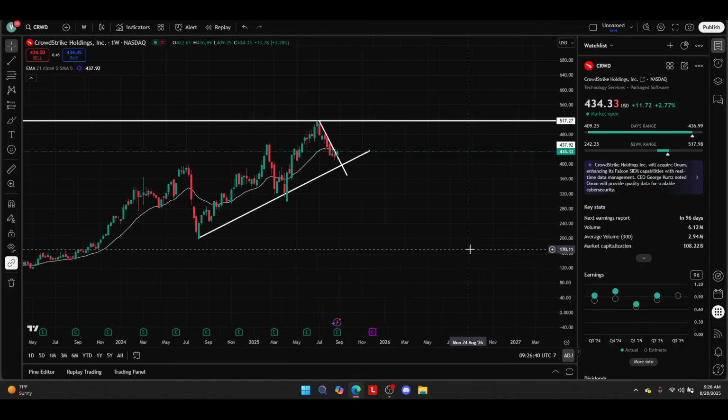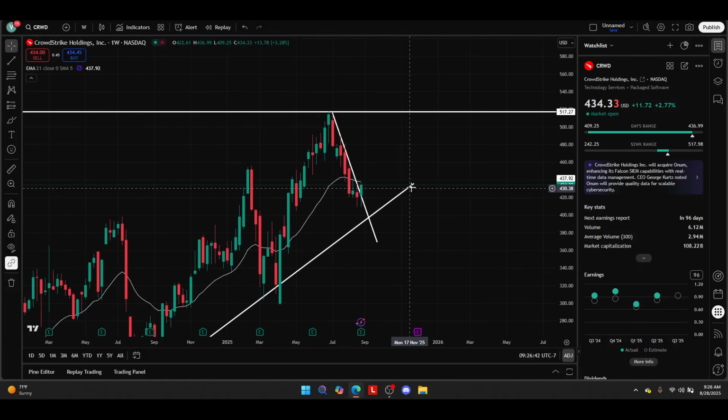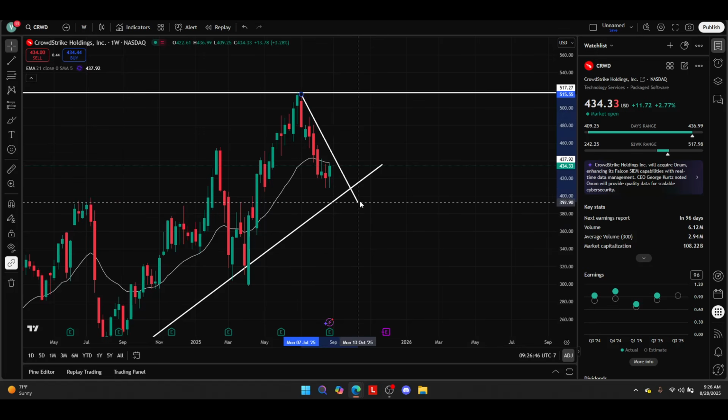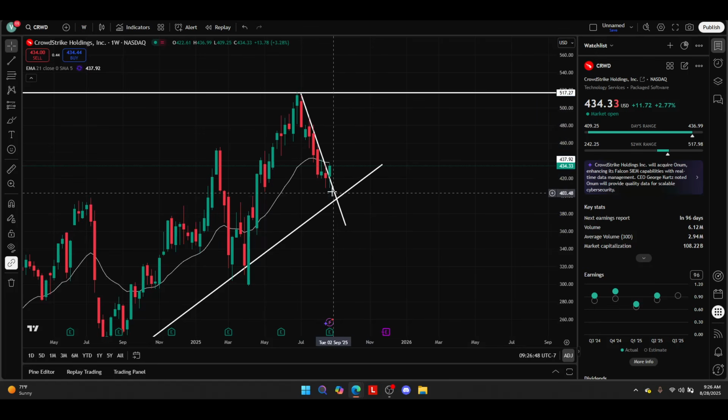So again, these are the invalidation zones, right? You want to see price stay above the trend line. For the bulls, you want to see price stay outside of this bearish trend line. You want to see continued buying pressure develop. Those are all good signs that we have probably not seen a top, and we're probably going to come back to it, probably even exceed it.